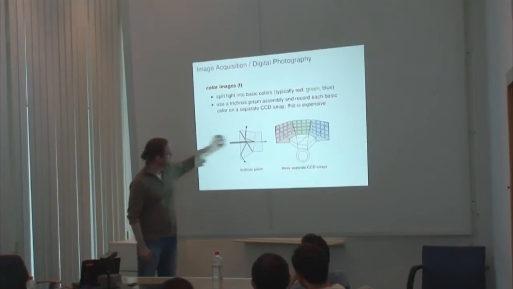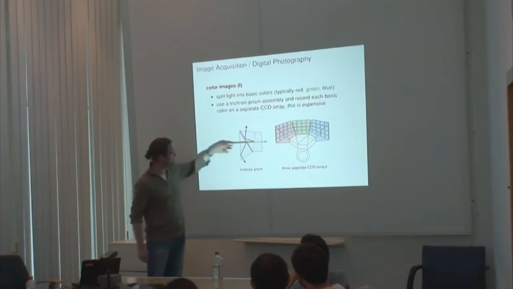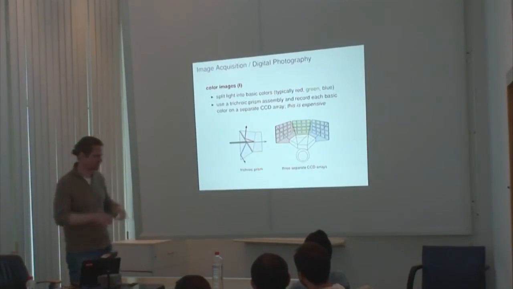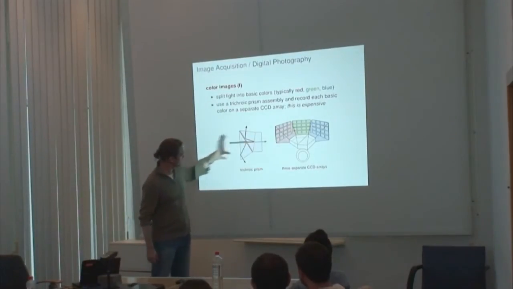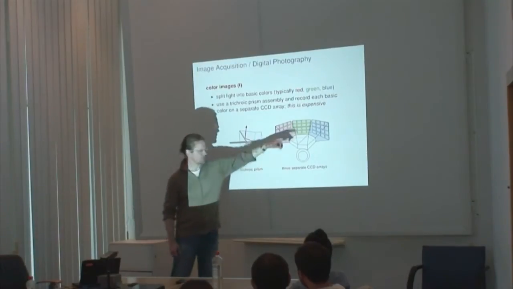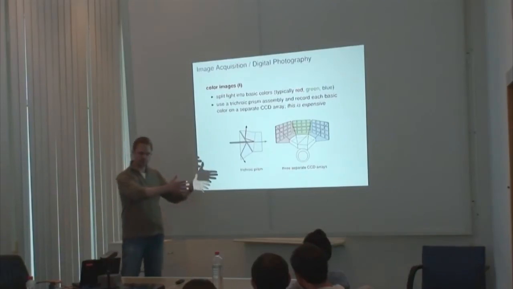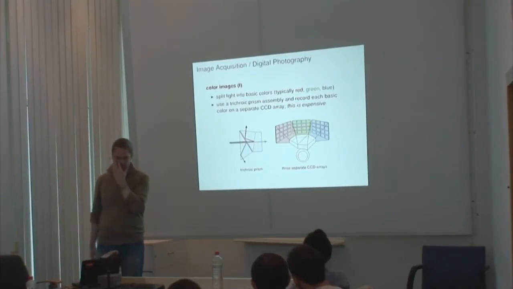When rays of light hit this prism, physics allows them to be broken into elementary frequencies or wavelengths. So a ray of light that hits this prism is split into 3 parts, which can then be recorded separately: one for the red component, one for the green component, and one for the blue component.